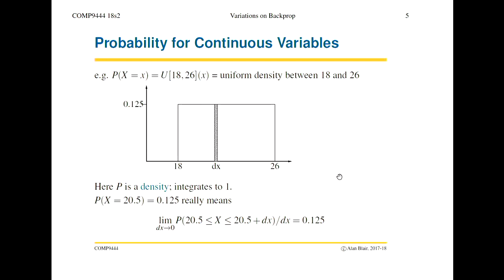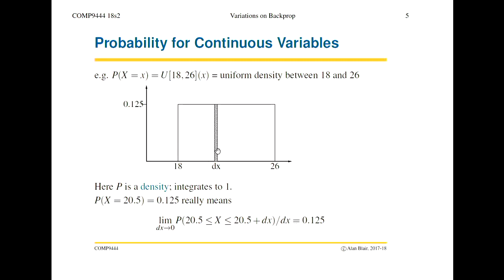What we really mean here is that we look at the probability of it being within a certain range of 20.5. We pick some little number dx and ask, what's the probability of x being between 20.5 and 20.5 plus dx? And we divide that number by dx, and that's what's equal to 0.125, right?